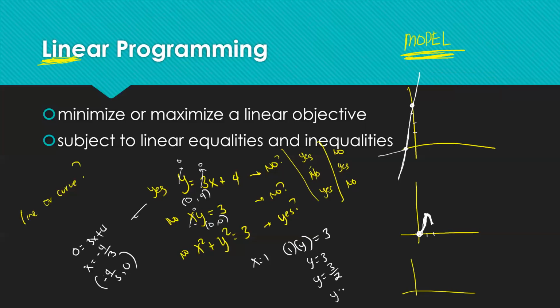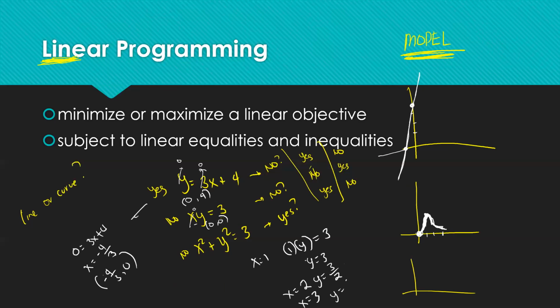Next, kung x natin ay equal to 3, ano na mga itsura? 1. So, ito si 3. Then, ito si 1. Line ba yan? No, it's a curve.